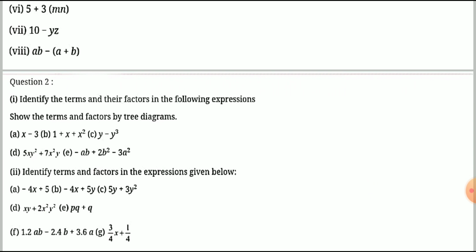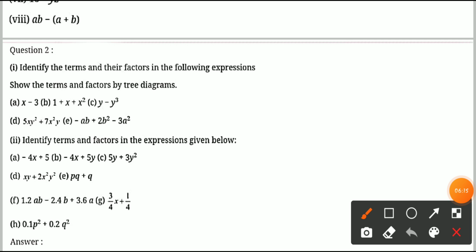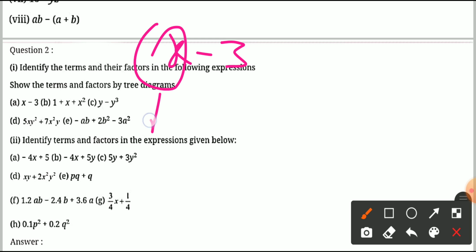Now question number 2. Identify the terms and their factors in the following expressions. Let's see the first. Here the first is x minus 3. So what are the terms? First term is x and the second term is minus 3.